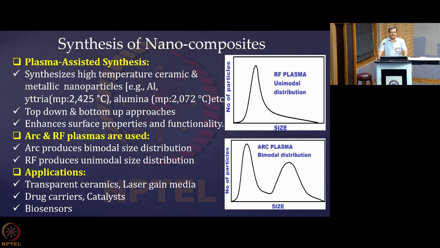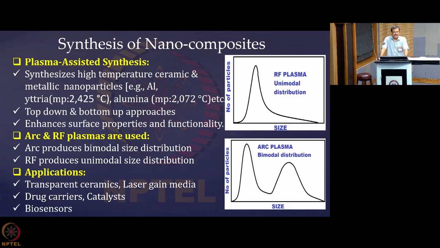Before that, I will tell you where they are getting applied, why this nanosynthesis is very important, and where RF plasma has an advantage over the arc plasma devices. One very important application is in the area of transparent ceramics.